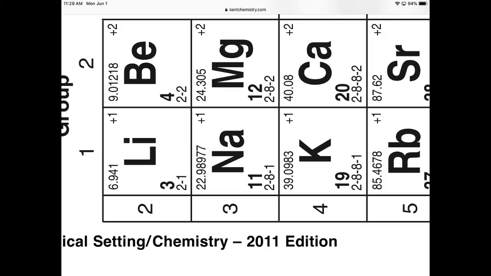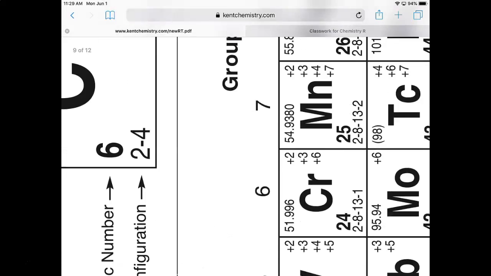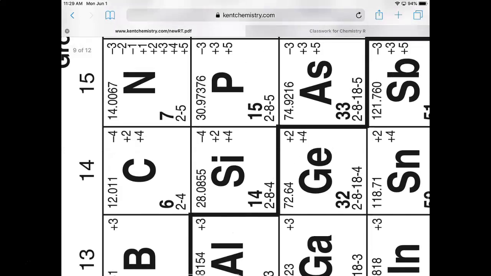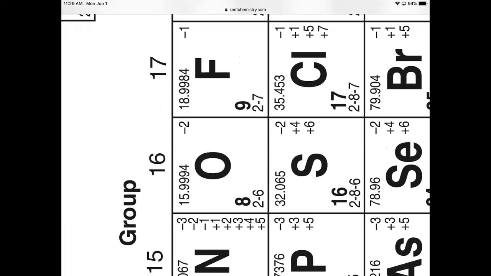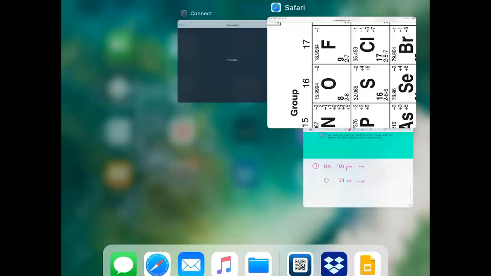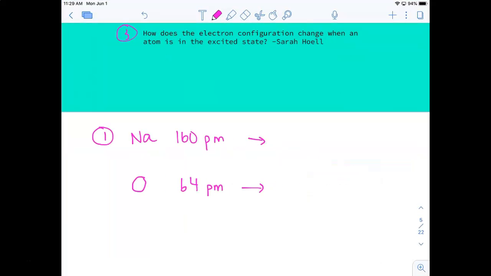So what do you see in sodium's top right corner? You see that +1? So sodium becomes a positive ion, and if I go over to oxygen, here's oxygen right here. What do you see in oxygen's top right corner? See that -2? So that's going to be important in deciding what happens to the radius.